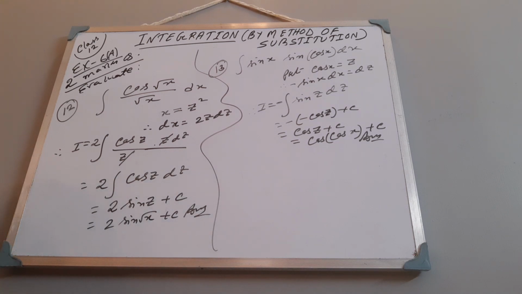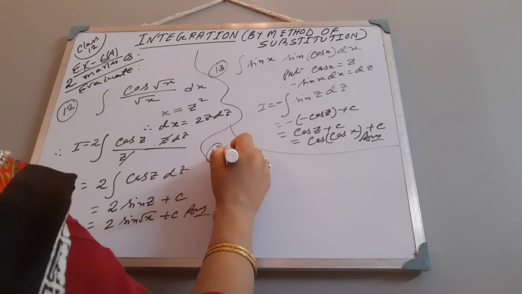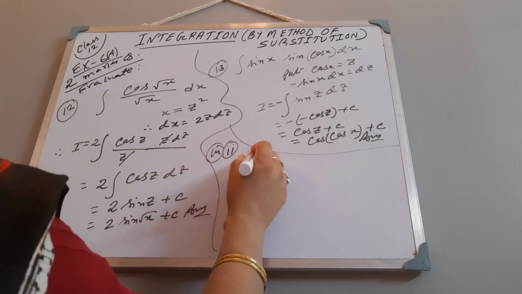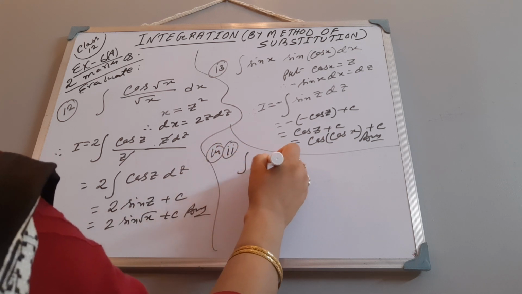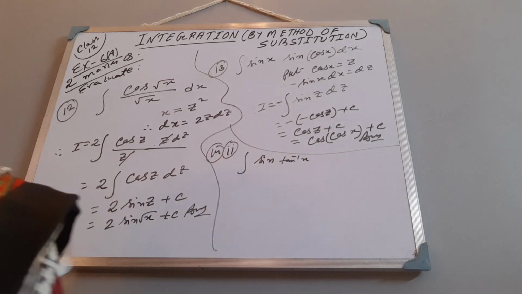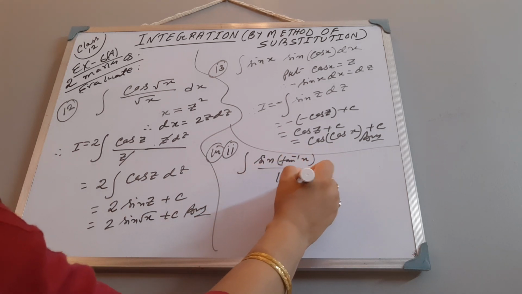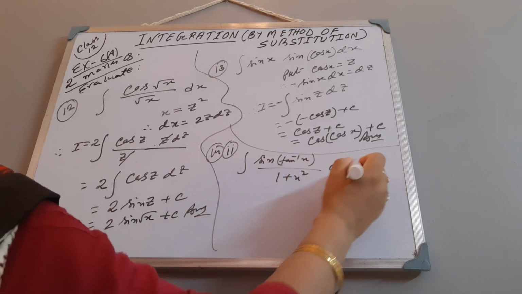Okay. Next, sum number 14 part 2: integral sin tan inverse x whole divided by 1 plus x square dx.